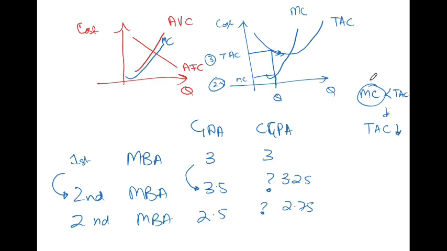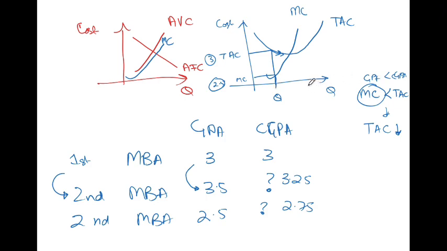Or in other words, if your GPA is less than your CGPA, it will cause your CGPA to fall. So think about this. Marginal cost is the cost of producing that one additional good. If the cost of producing that one additional good is less than the average cost, the average cost is going to fall.